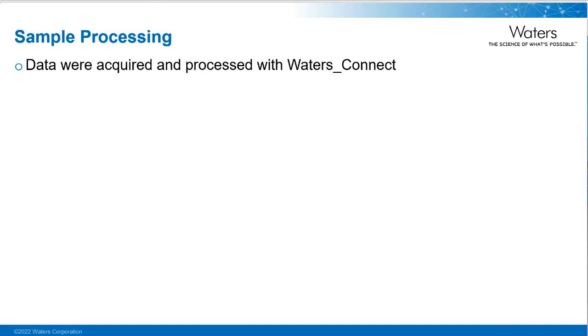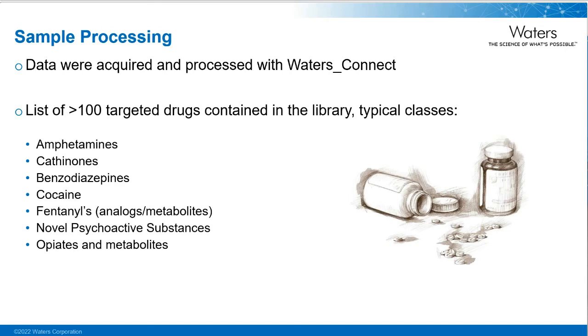The acquired LC-TOF data was processed against a target list comprising of more than 100 common drugs of abuse substances. The software used for data acquisition and processing was Waters Connect. This slide summarizes the main classes of drugs that were included in the list.